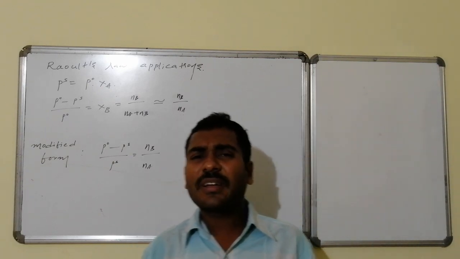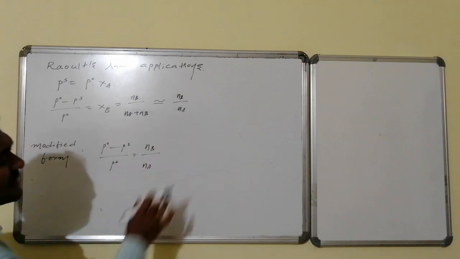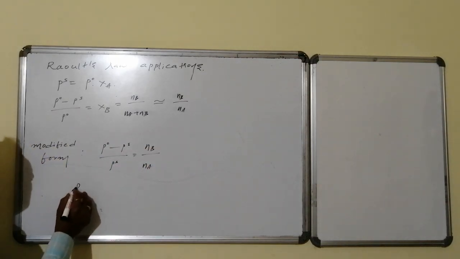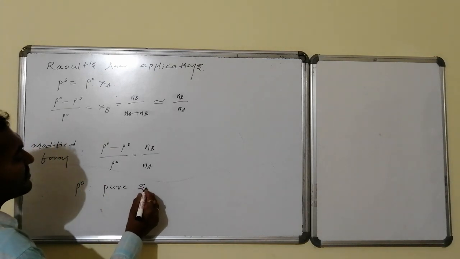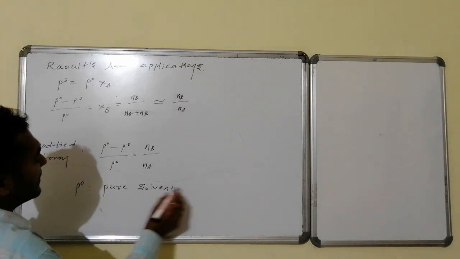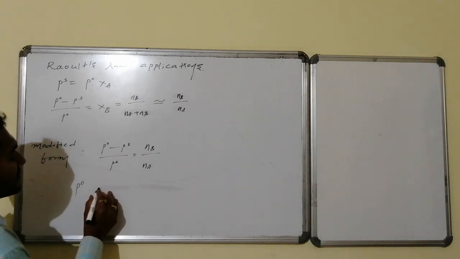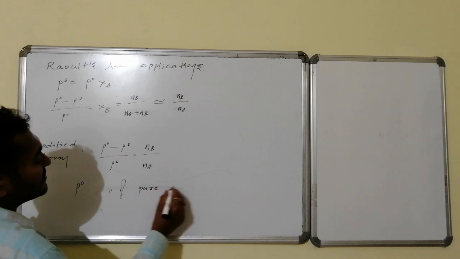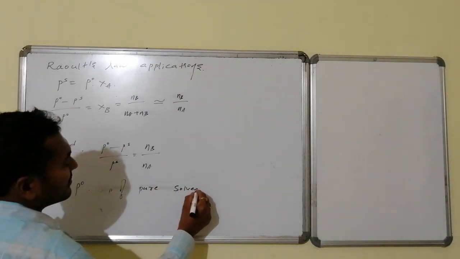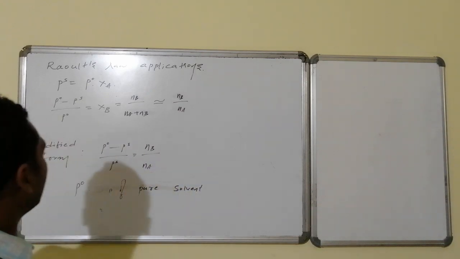Thus, the varieties of things they can ask, after providing this much information: they may ask what is the vapor pressure of pure solvent, that is Vp of pure solvent. They can ask what is the vapor pressure of solution, that is Ps.